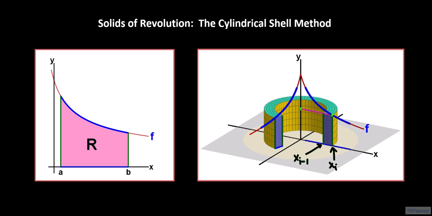And so the radius of the full cylinder, including the hole, is x sub i. And the radius of the hole in the middle is x sub i minus 1. We designate the thickness of the cylindrical shell, which is x sub i minus x sub i minus 1, as delta sub i x.